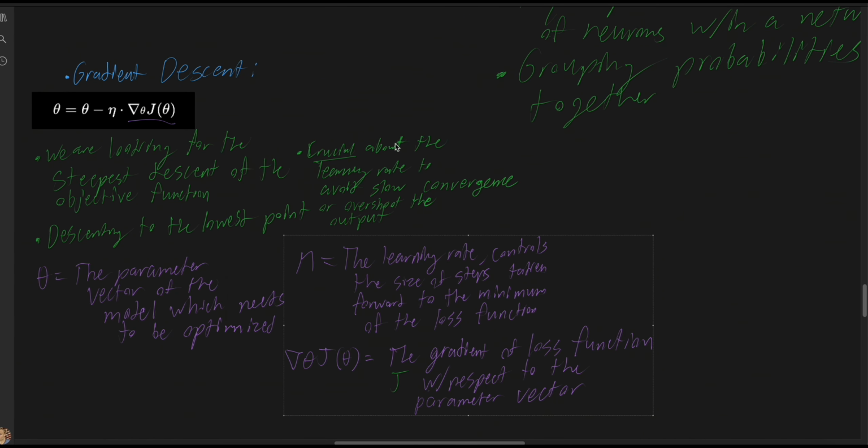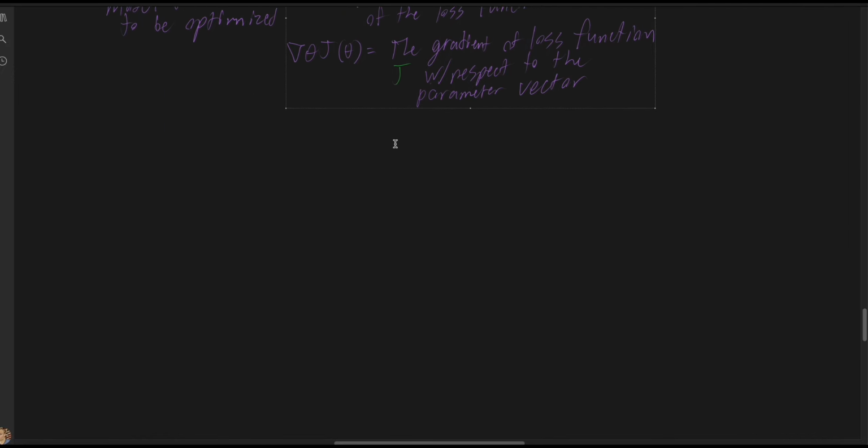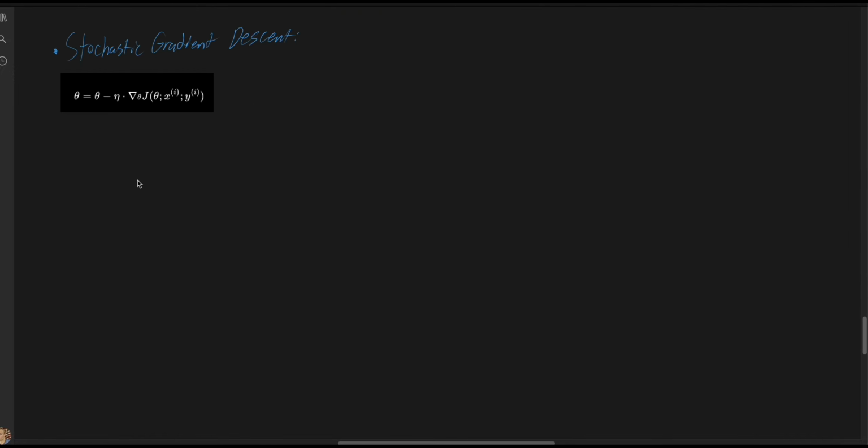Now let's move over to stochastic gradient descent. Stochastic gradient descent is a variation of gradient descent, except it runs faster by updating the model's parameters using only a single sample.